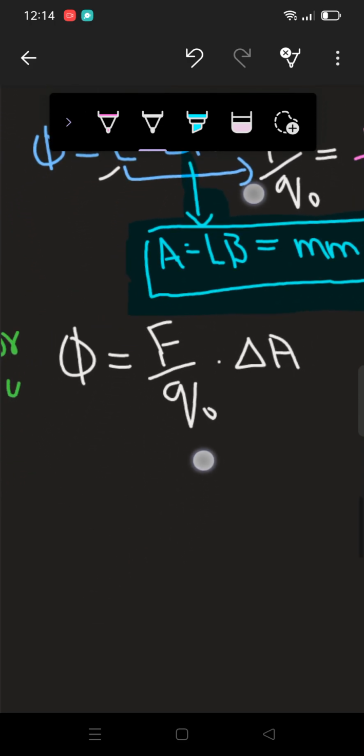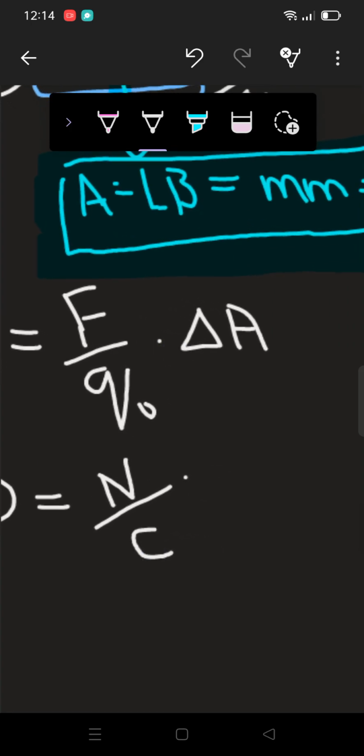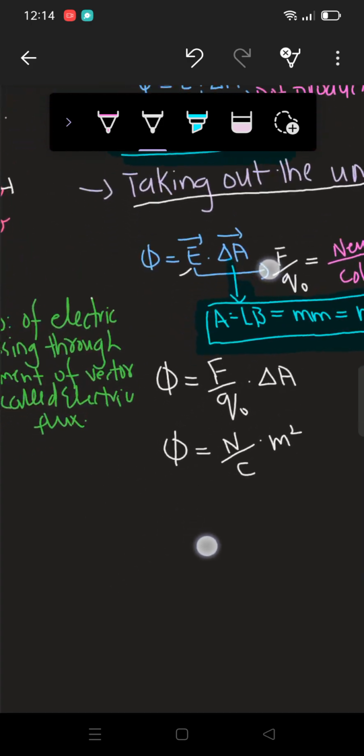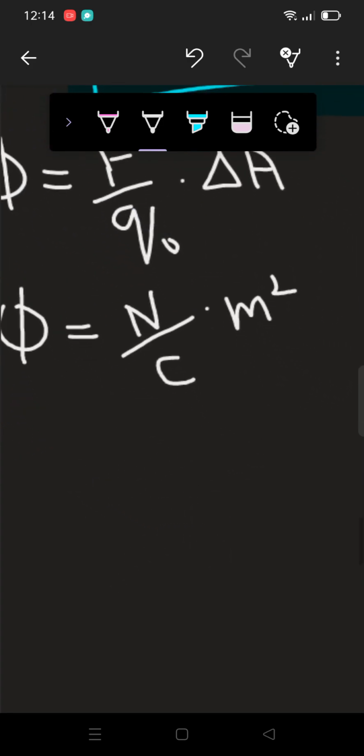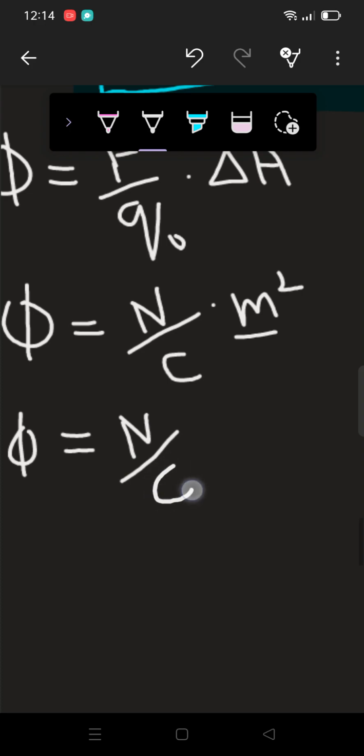So the unit of force is Newton, the unit of charge is Coulomb, and the unit of area is meter square. If I break this meter square into two meters, that is fine. So phi is equal to Newton per Coulomb into meter into meter.